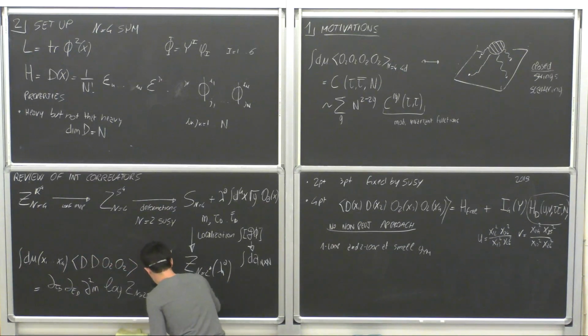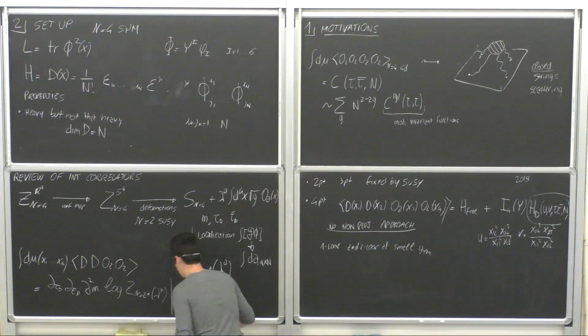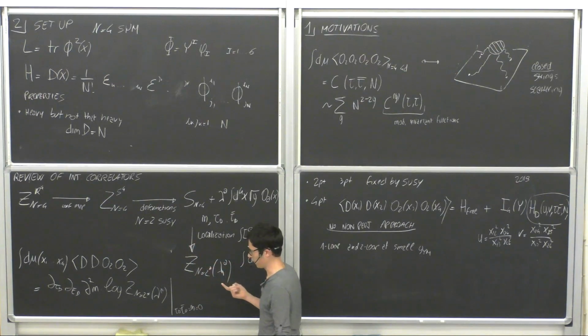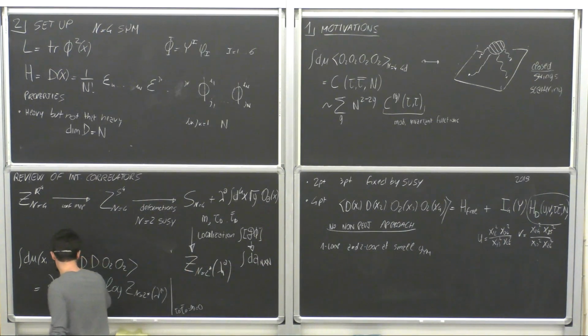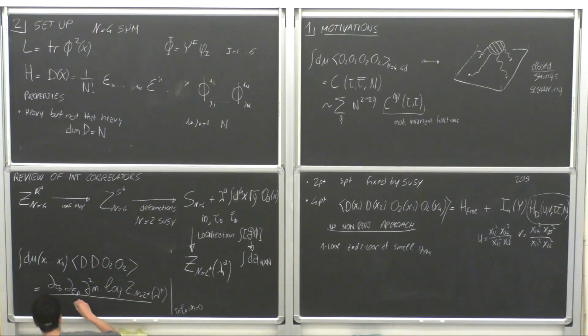Where then we put all the variables, tau_D, tau-bar_D, and M equal to 0, restoring the original conformal symmetry and the original N=4 symmetry. And this must be normalized by the derivative with respect to tau_D and tau-bar_D of the log of Z, N=2*.